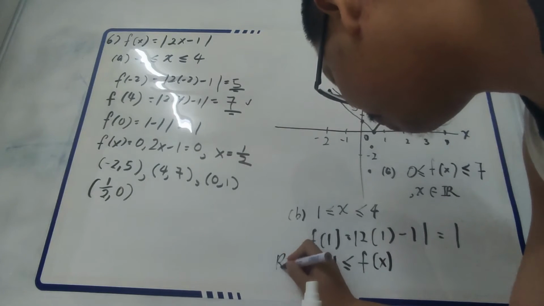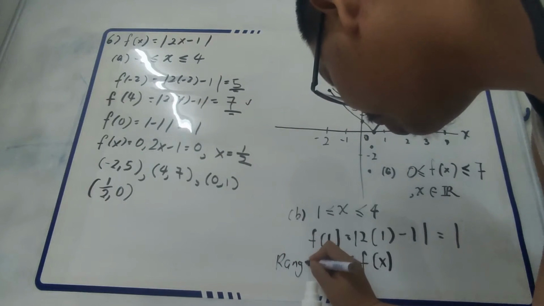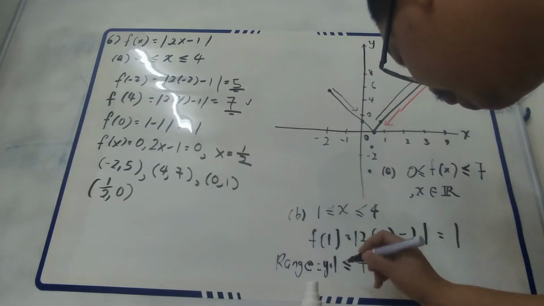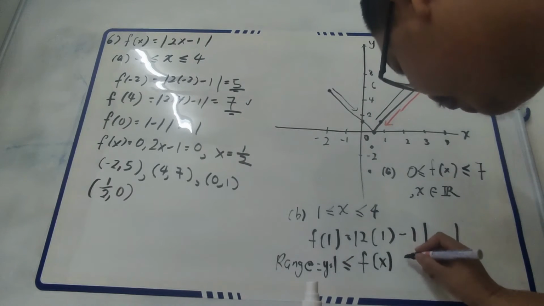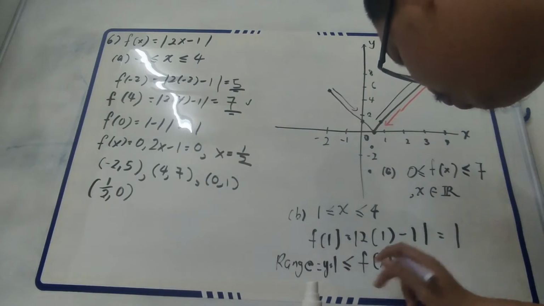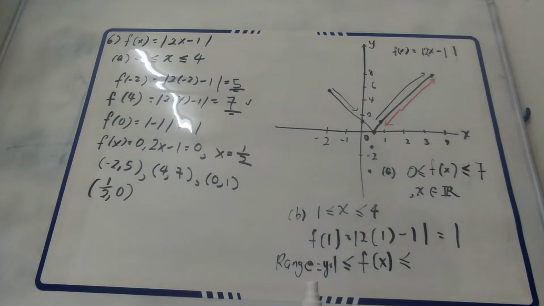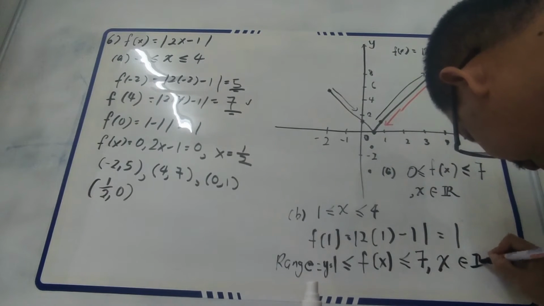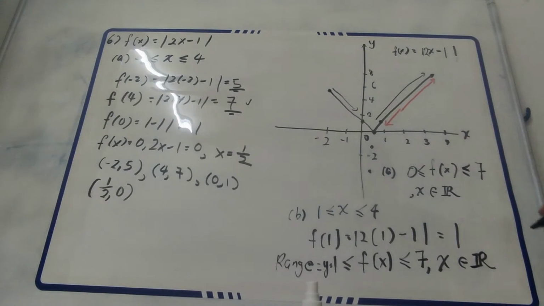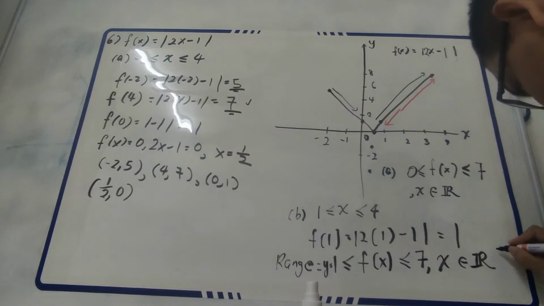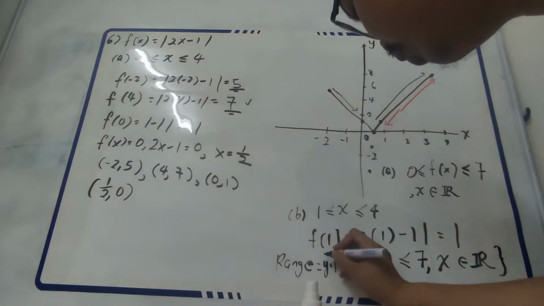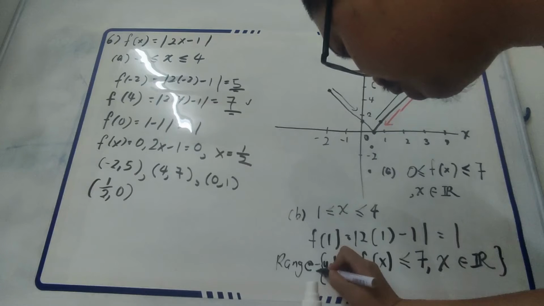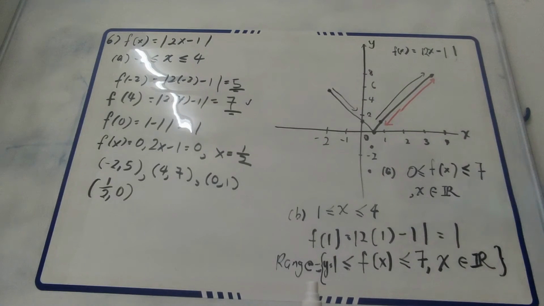You can write a range here, range equals y colon, or using f(x) also can. f(x) must be bigger or equal to 1, smaller or equal to 7, where your x is an element of the real numbers. So this is how you write the answer for question 6B.